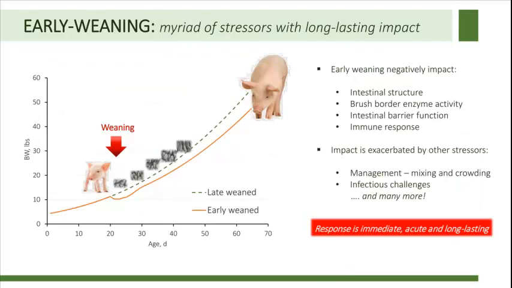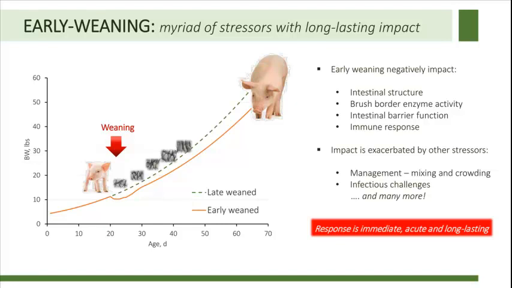So in summary, what they have been presenting is the effects of stress on gastrointestinal development. Early weaning is a stress that negatively impacts the intestinal structure, and we looked at the enzyme activity. It also disrupts the barrier function, which we showed clearly, and also disrupts the immune response of the pigs weaned early.